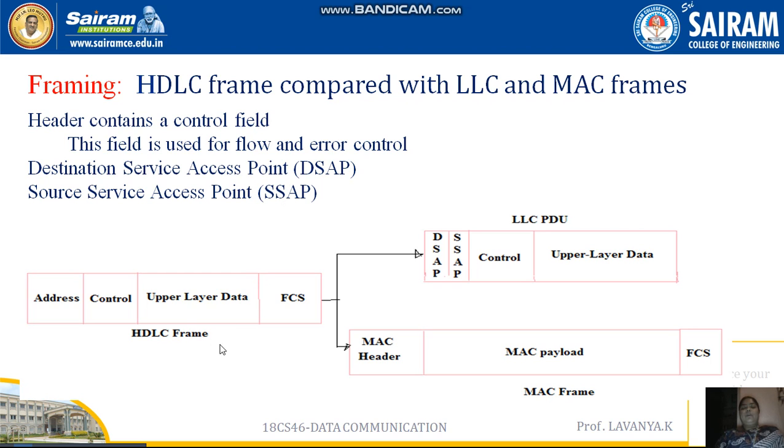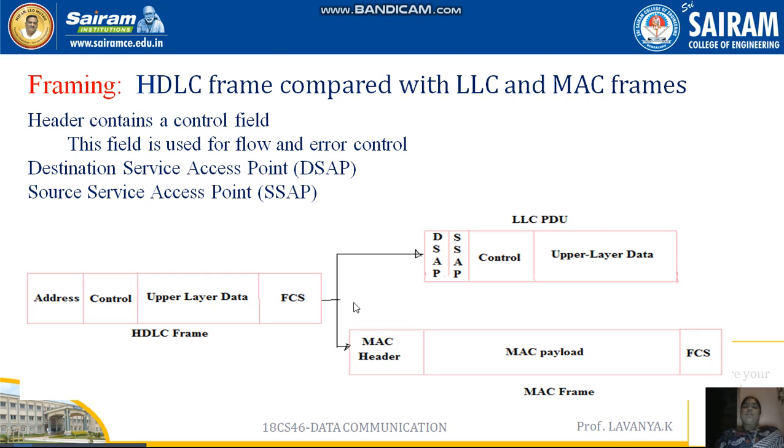Look at the framing diagram. Initially we have the high-level data link controller frame, which contains the address, control, the upper layer data, and the FCS, the frame check sequence. Everything is held in the HDLC frame.